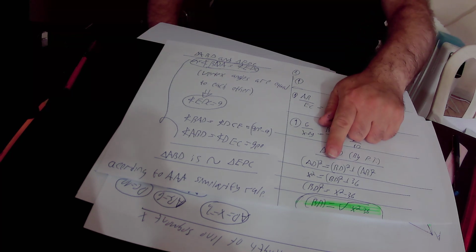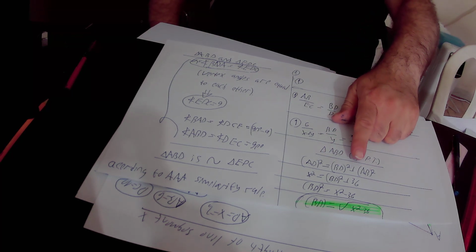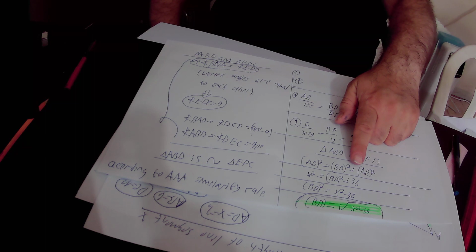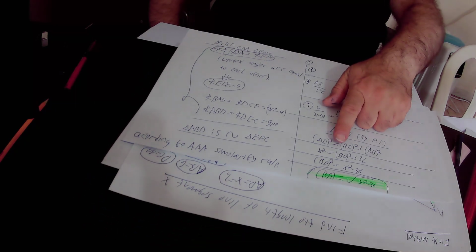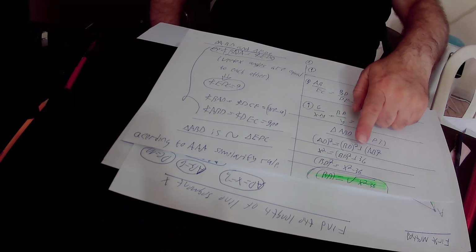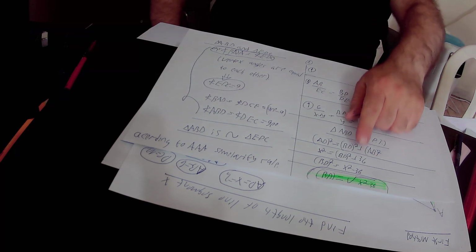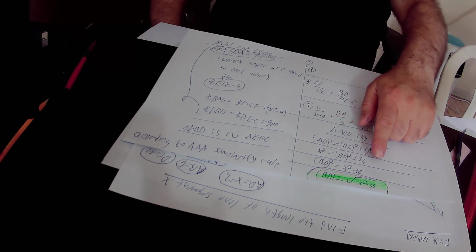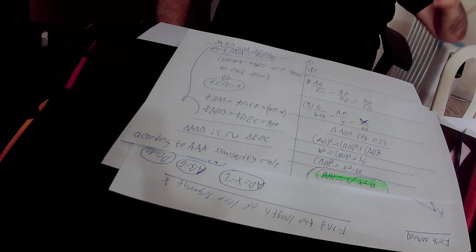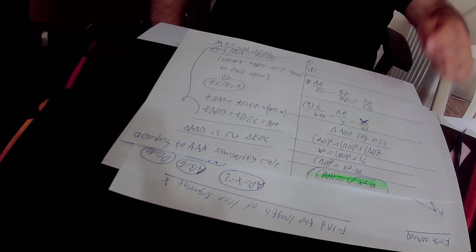In conclusion, x squared equals BD squared plus 36. We subtracted 36 from this equation and found that BD squared equals x squared minus 36. Then we took the square root of this equation and found that BD equals the square root of x squared minus 36.